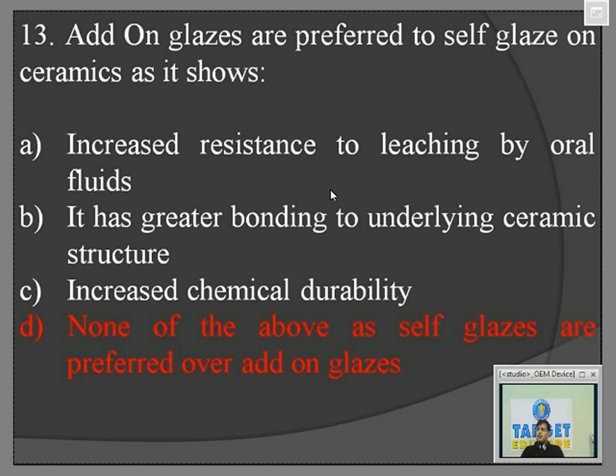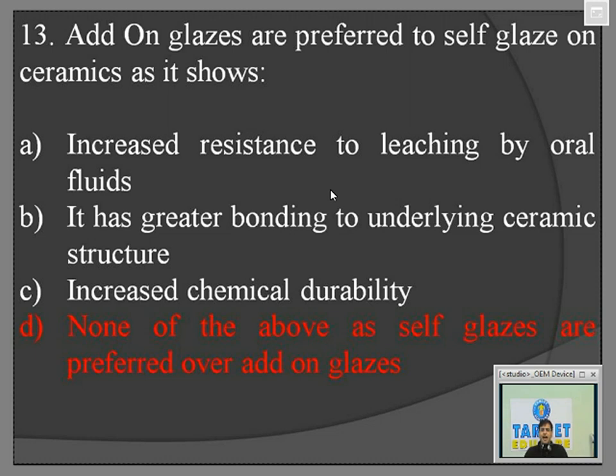So self-glaze is when you apply the final layer and you put it in the furnace on the glaze cycle, the material itself produces a glaze layer, while add-on glazes possess a different material which has to be put after the ceramic firing is complete.